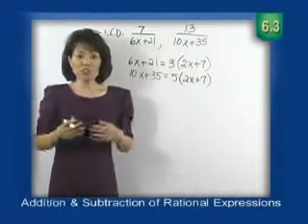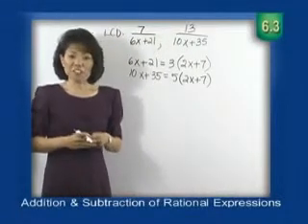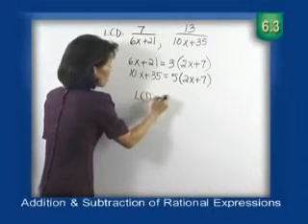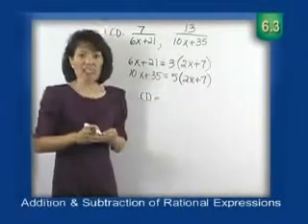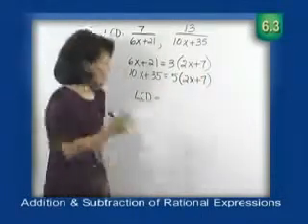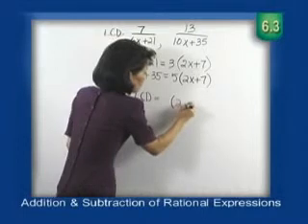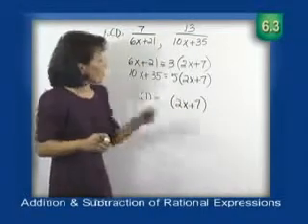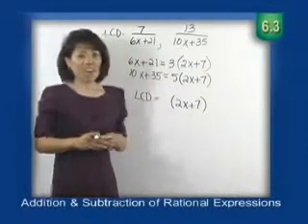Now that we have those two denominators written in factored form, it's going to be easier for us to determine the LCD. Well, the least common denominator in this case, since they both have this 2x plus 7, that's certainly a part of the common denominator. That's what they have in common. Now the numerical portion, we have a 3 and we have a 5.